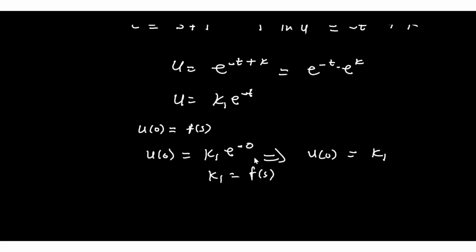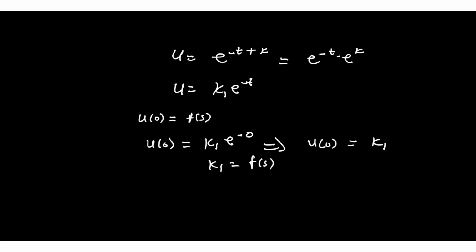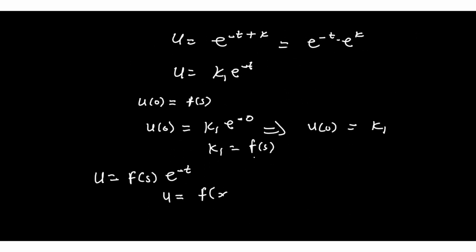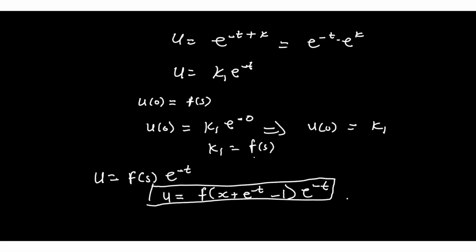We substitute that back into the equation, and we have u equal to f of s multiplying e raised to the power negative t. But since we know s, we substitute s back into the equation, and then we have u equal to f of x plus e negative t minus 1, times e negative t. And so that is the general form. This will be the solution of the PDE given to us earlier on.